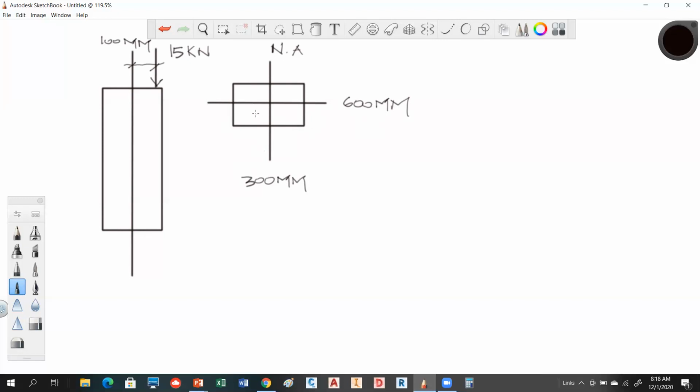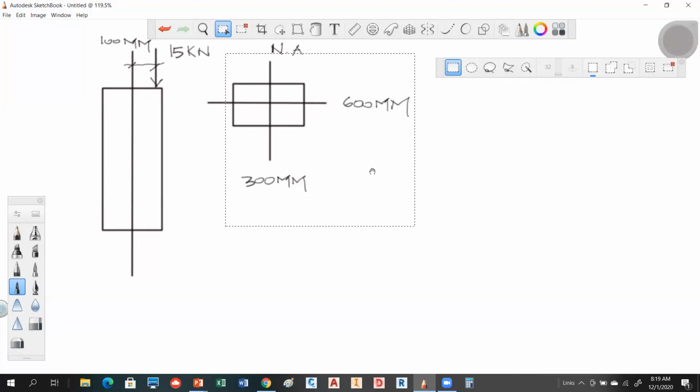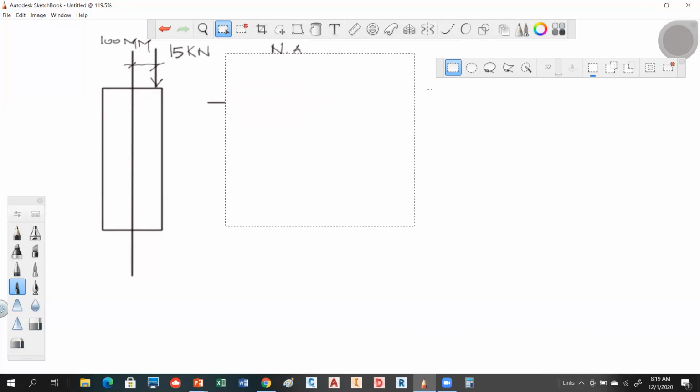I take that back. I think I've got this drawn wrong. Let me reverse that. Sorry about that. I'm going to draw it more like what it is.